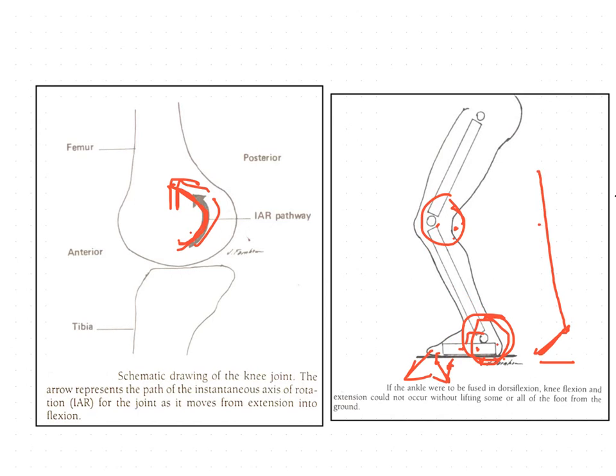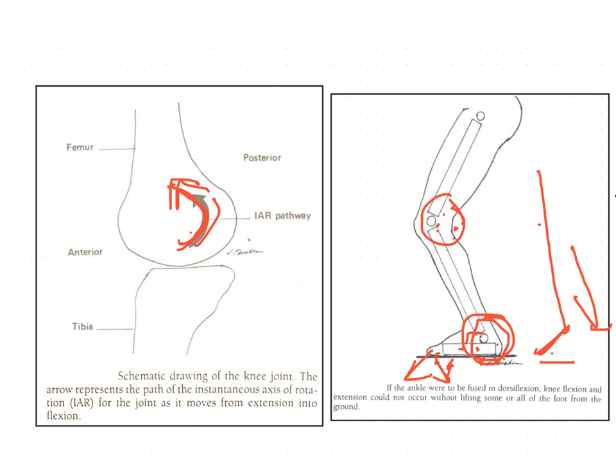If the person wants to flex, now he has to dorsiflex and then flex the knee, or otherwise he has to lift the entire foot to do all these activities.